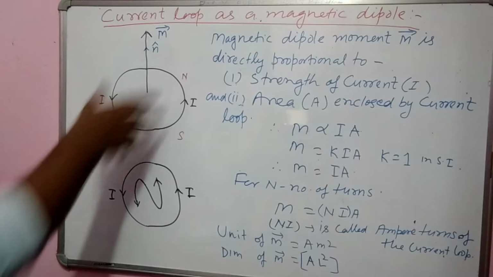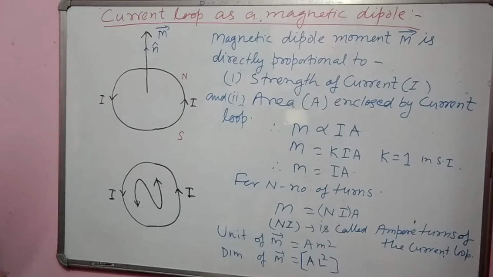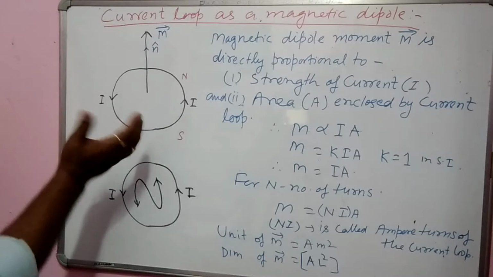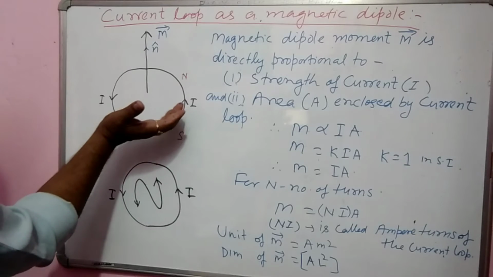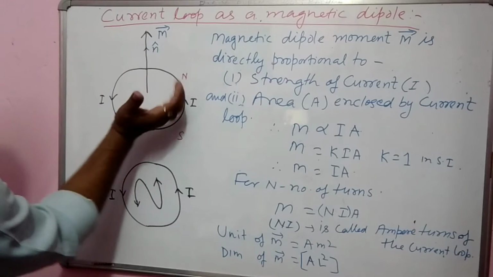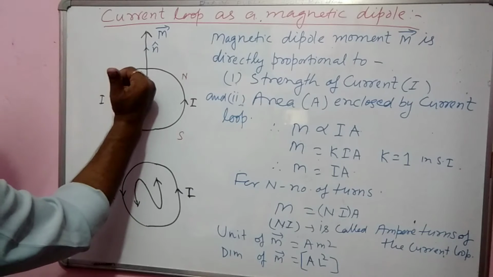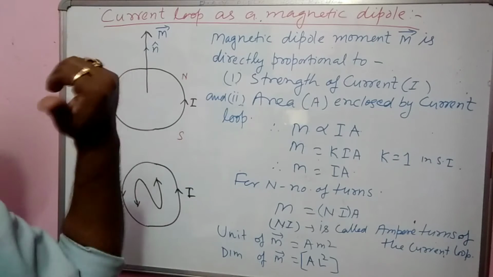Similarly, we can conclude from this concept also, using right hand thumb rule, the current is moving in the direction of the curling of the finger, and thumb is representing the magnetic field.